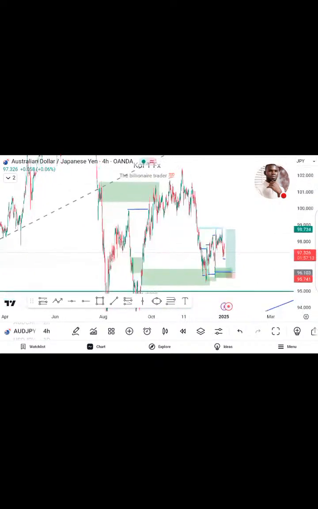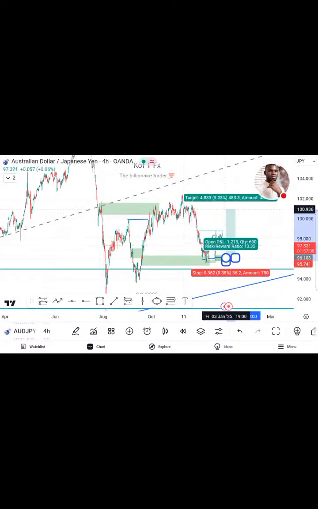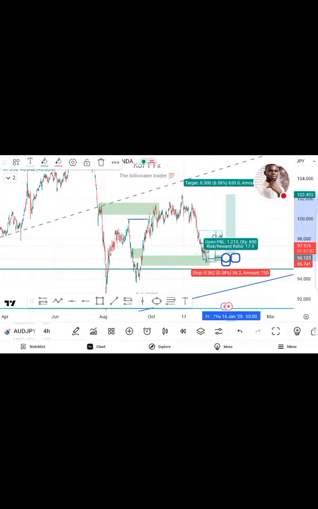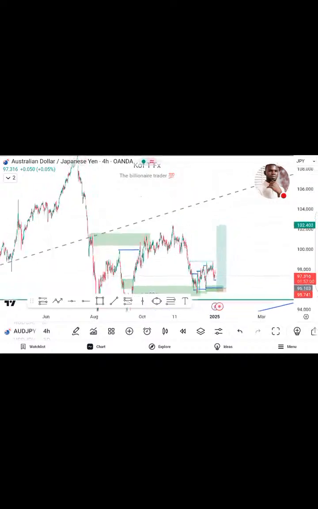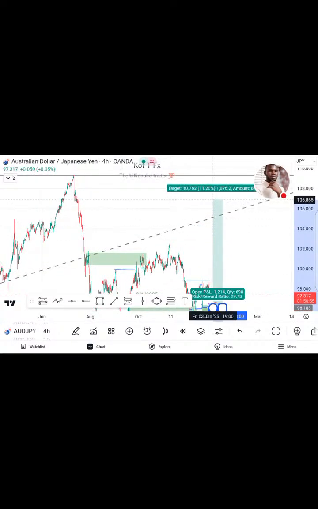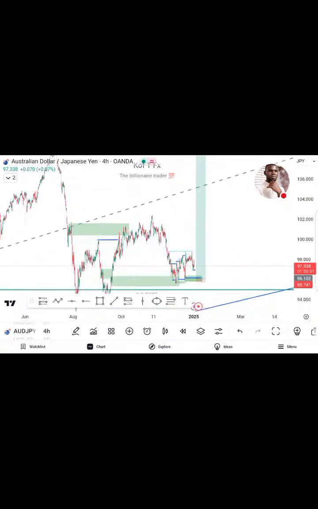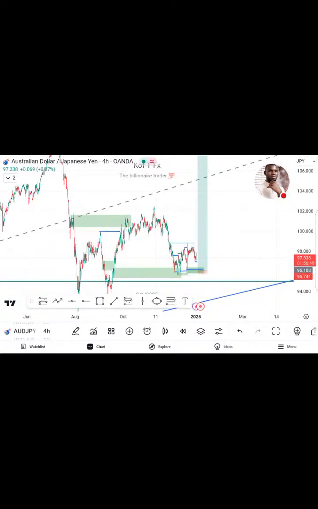Since I have my buyers intact, the second TP will be this second I. That will be my second take profit. And my final target will be this particular I, which is going to give 36 hours. So that will be my final target. So it's going to be a swing trade.